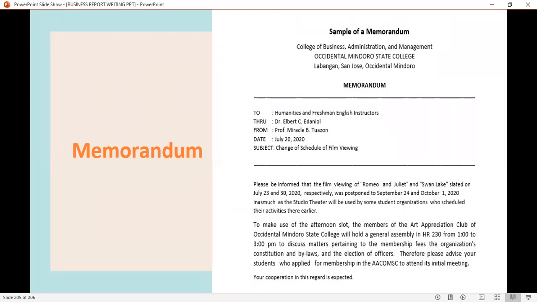Change of schedule of film viewing. It's been informed that this is a memo giving an instruction.